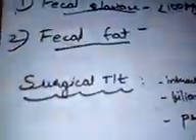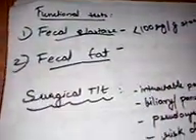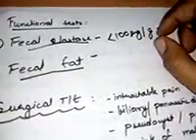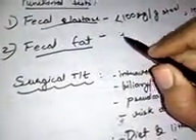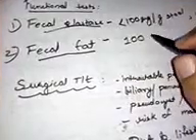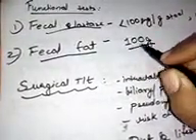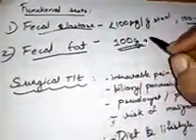Now fecal fat estimation. As I've already told, in case of chronic pancreatitis, there is malabsorption of fat leading to steatorrhea. So the amount of fecal fat will increase. How we will see that? We will give a person 100 gram of especially labeled fat to consume. It means it can be labeled with anything to differentiate it from the normal dietary fat.